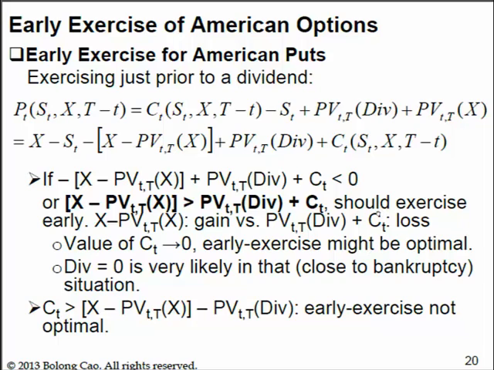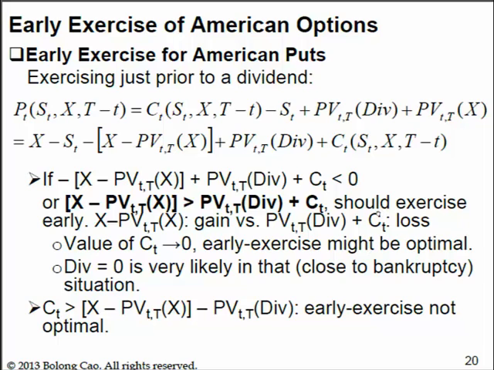You either receive it today or receive it at the expiration. But at the expiration, you receive the full X. For today, you have to discount it. So this time value of the strike is what you actually gain when you receive the strike early.